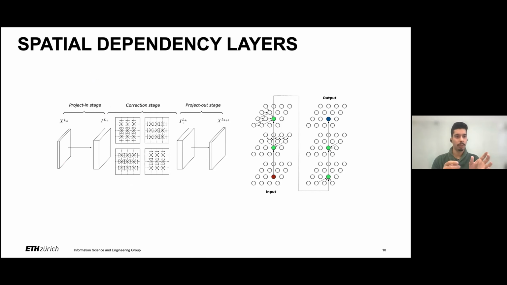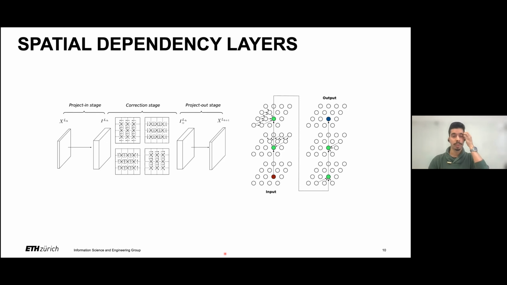The first stage takes the feature map and projects it into a higher dimensional feature map, so we increase the number of channels, and we do the opposite in the project out stage. The goal here is to increase the number of features so that in the correction stage, where we try to model these dependencies across different directions, we can have enough features to do so.